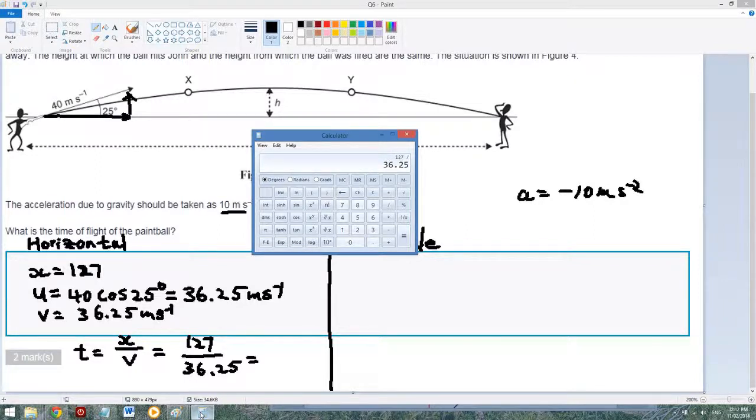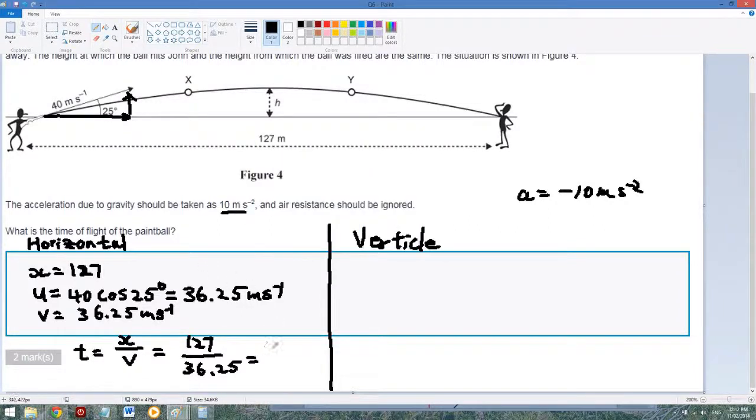So we're looking for the time. The time is basically your distance divided by your speed, which is 127 divided by 36.25. Put it in your calculator.